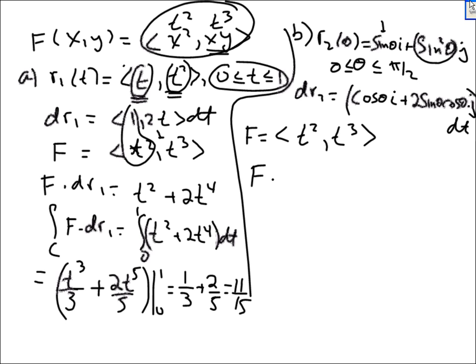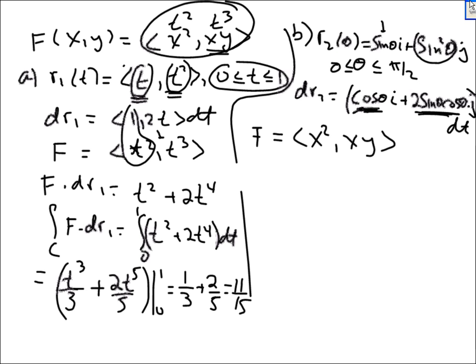So f dot dr, actually, that's absurd. Let's find out what f is. Now, we know from the beginning that f is x squared, xy, where that's x and that's y.